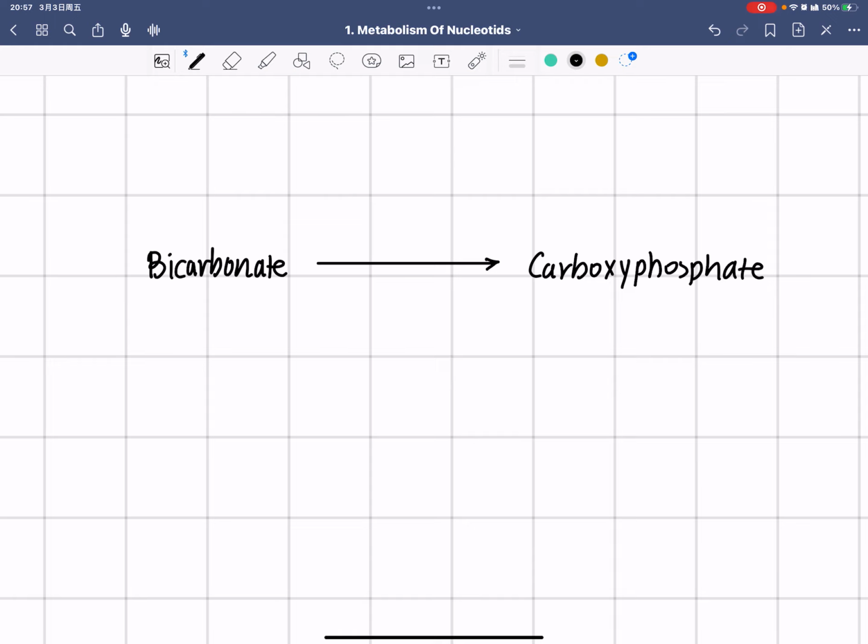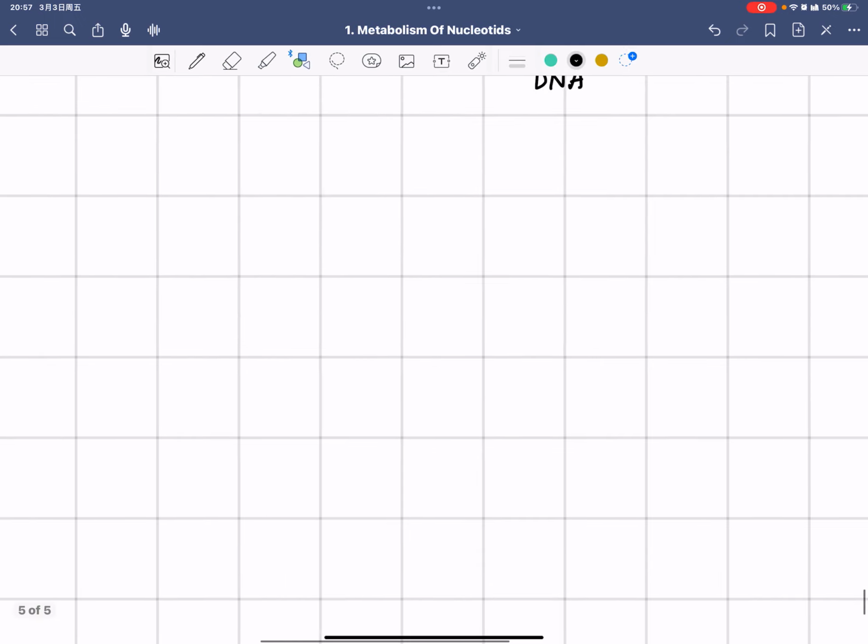Well, how do we transform that into carboxy phosphate? Well, you guessed it. It's by adding a phosphate group. And where do you add a phosphate group from? Of course, from ATP. This is a reversed reaction, just to make sure.